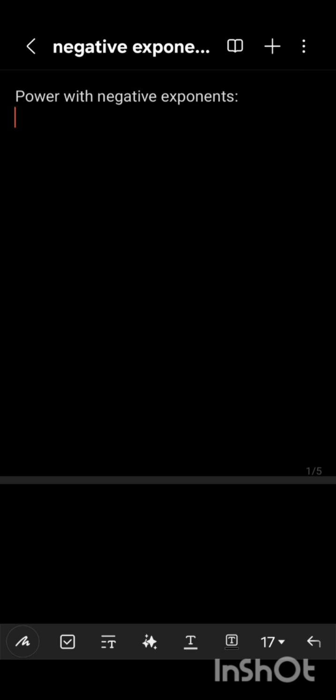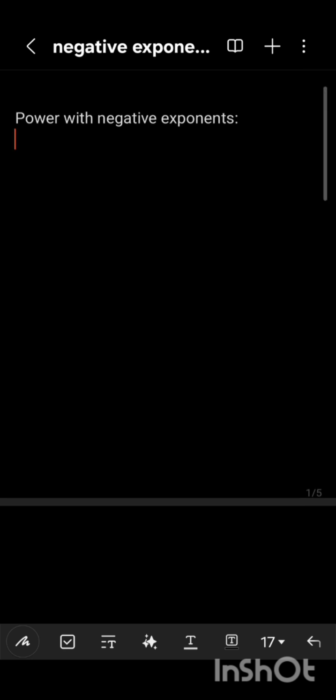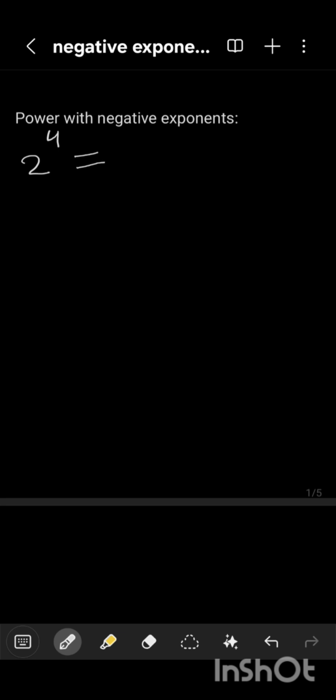Okay, so let's begin with a simple example. Power with negative exponents. You know that 2 to the power 4, how can we write it?